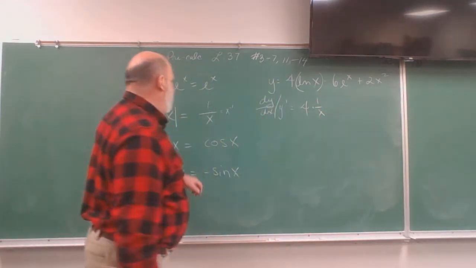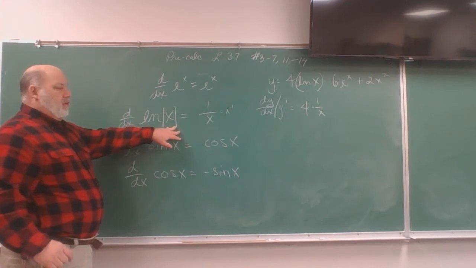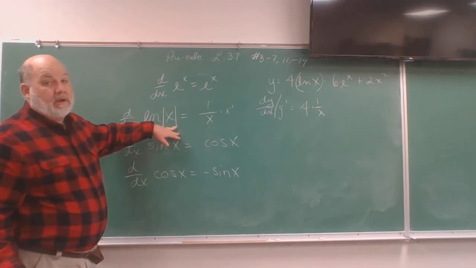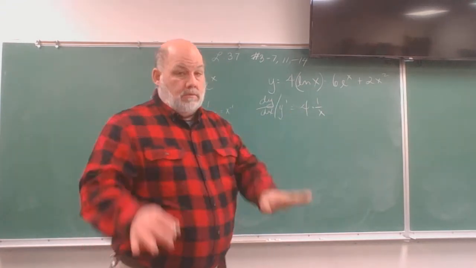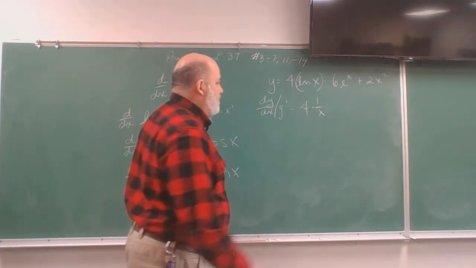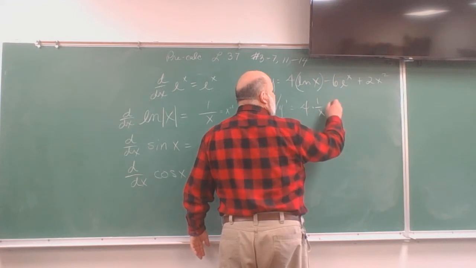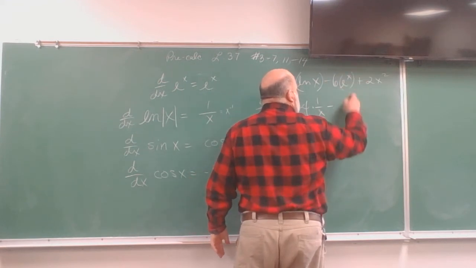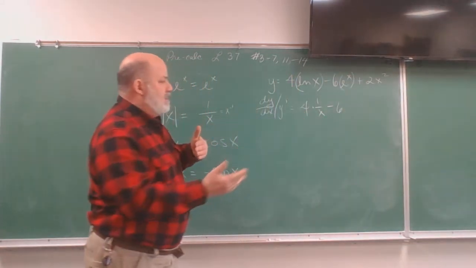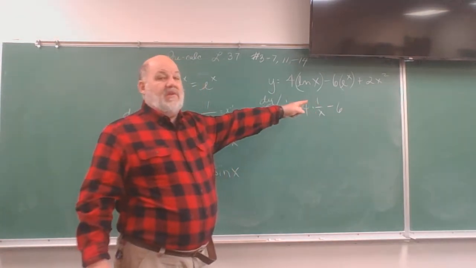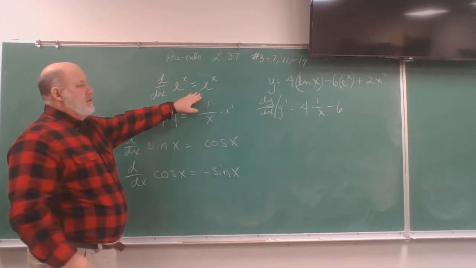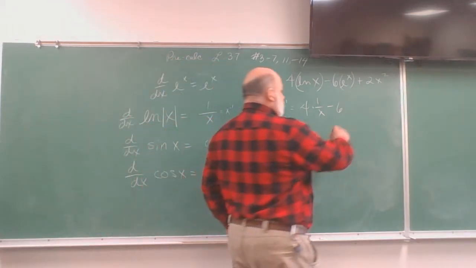Now, don't worry about the fact that in the book they show the absolute value of x here, and this does not. That will come into play later, when we have more class time together face to face. Minus 6. Negative 6 is the coefficient, and the derivative of e to the x, we just learned, is e to the x.